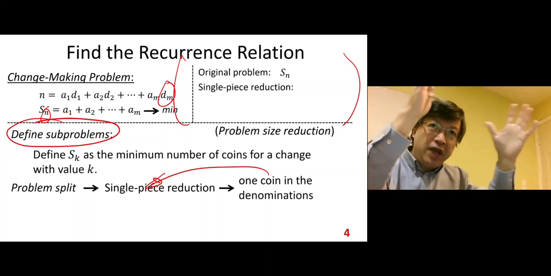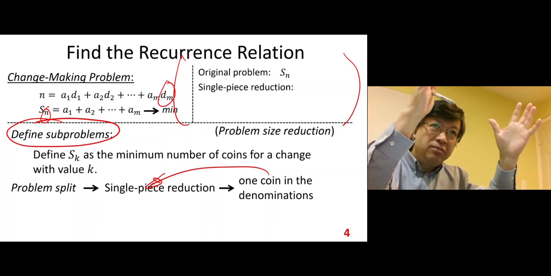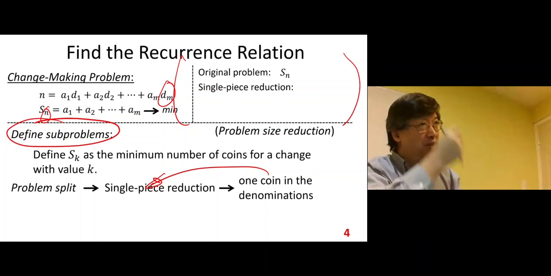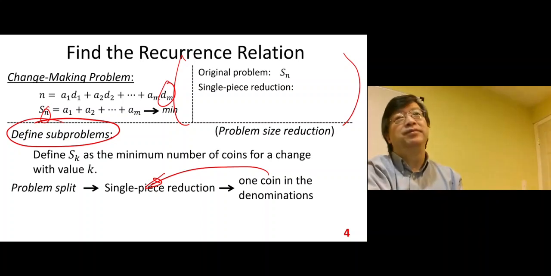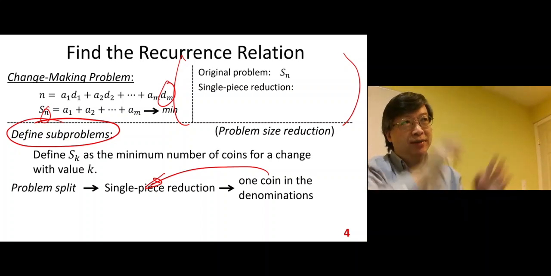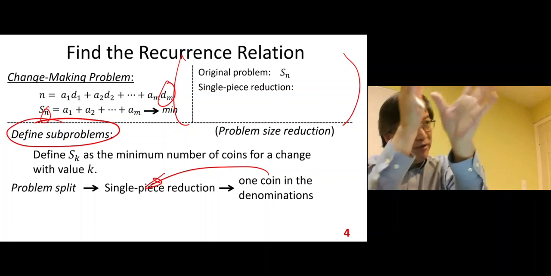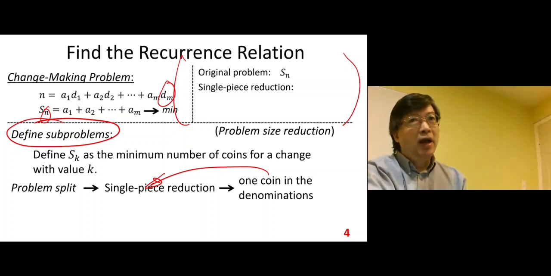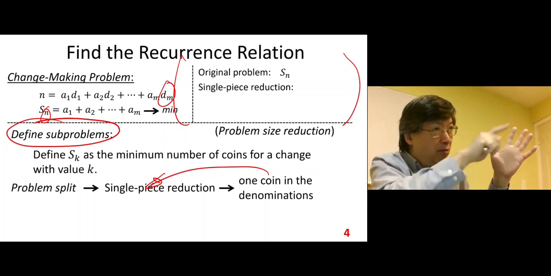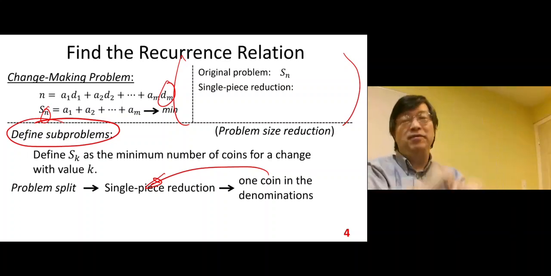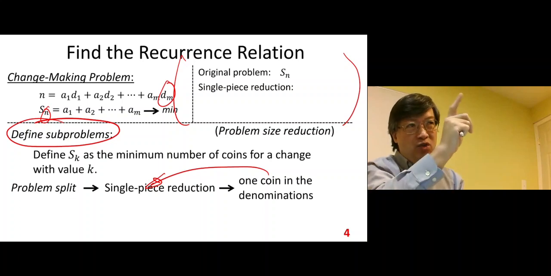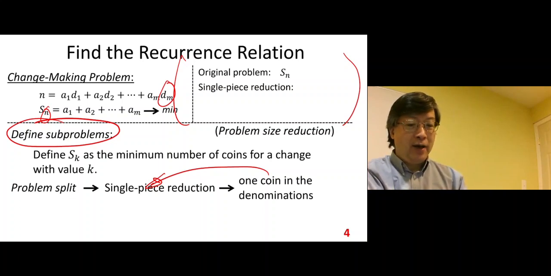You reduce that goal to n cents minus one coin, so you set an intermediate goal before your final goal. That's the single piece reduction: n minus one coin.